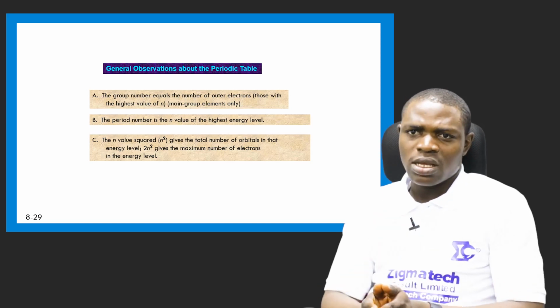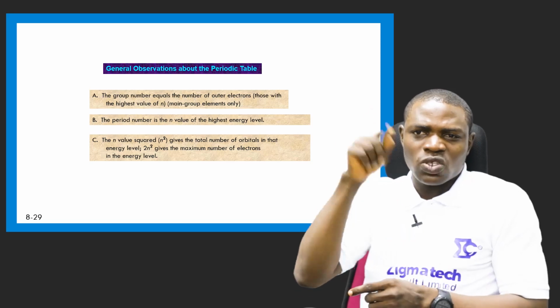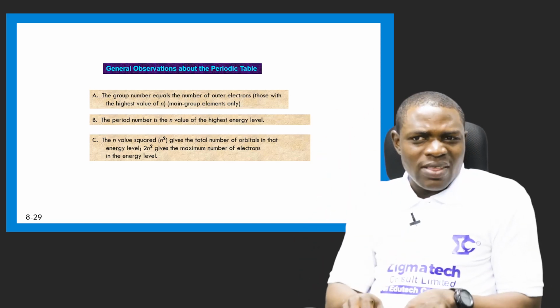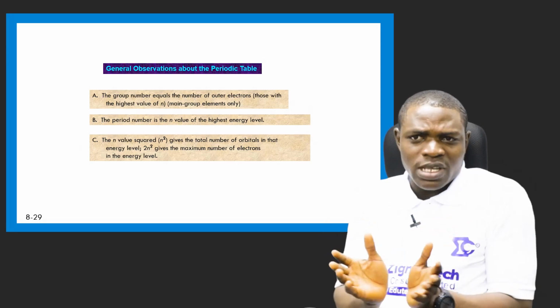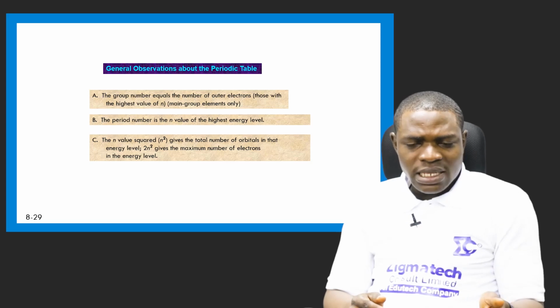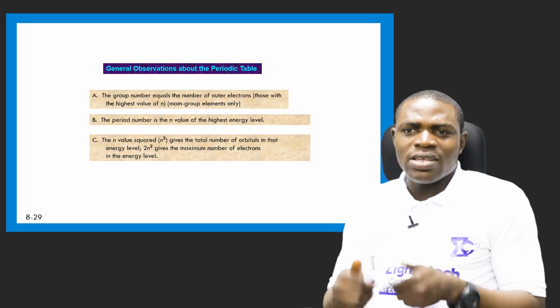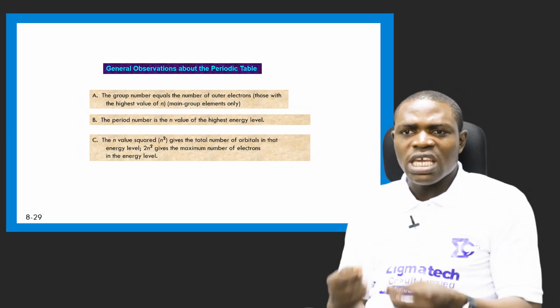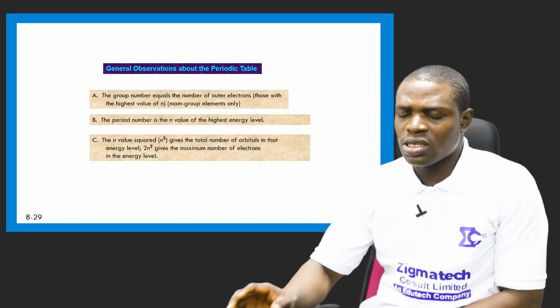It's very important. Then you also observe that the n square, that is n raised to power 2, gives the total number of orbitals in that energy level. Have you observed this? You need to observe it. Go back and check the s, the p, the d, and the f orbitals. You will see that 2n raised to power 2 actually gives the maximum number of electrons in the energy level.